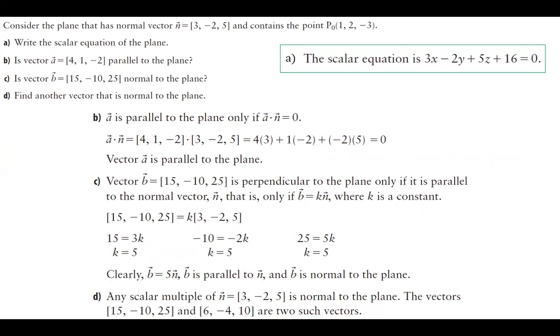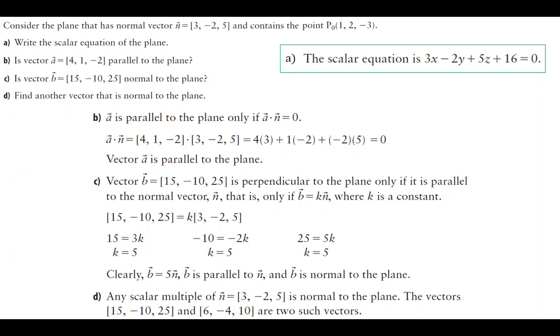Sorry, the two lines are perpendicular, right? If A is perpendicular to the normal vector, that means A is parallel to that plane. Okay, so the dot product between A and vector N is 4 times 3 plus 1 times -2 plus -2 times 5, which is 0, right? Therefore, we know vector A is parallel to that plane.